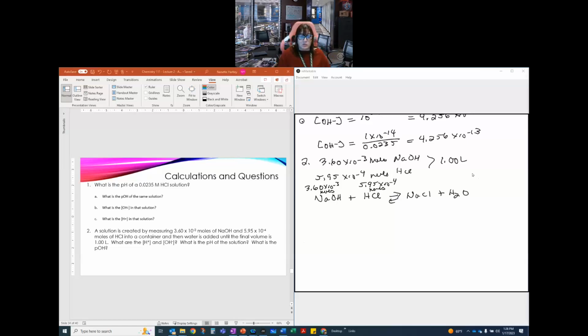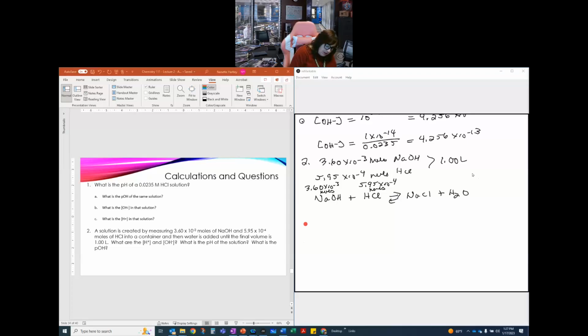Obviously, one of those is smaller than the other, and that determines that I have a limiting reagent, which will determine how much H2O I can make. Okay, so since the smaller number is the 5.95 times 10 to the minus 4, I know that amount of HCl will react with the NaOH, right?